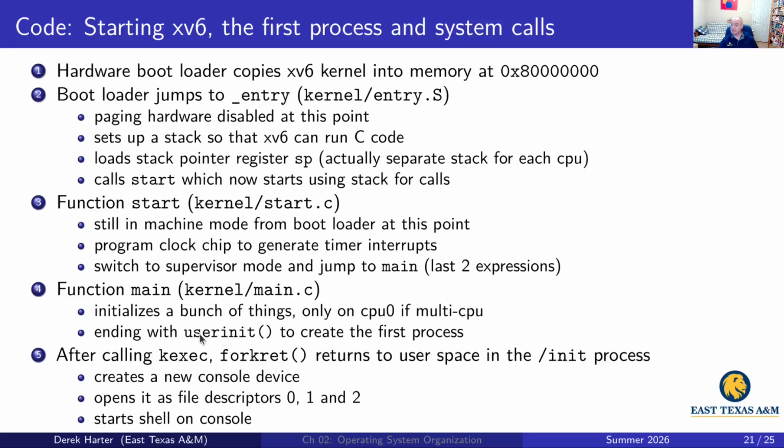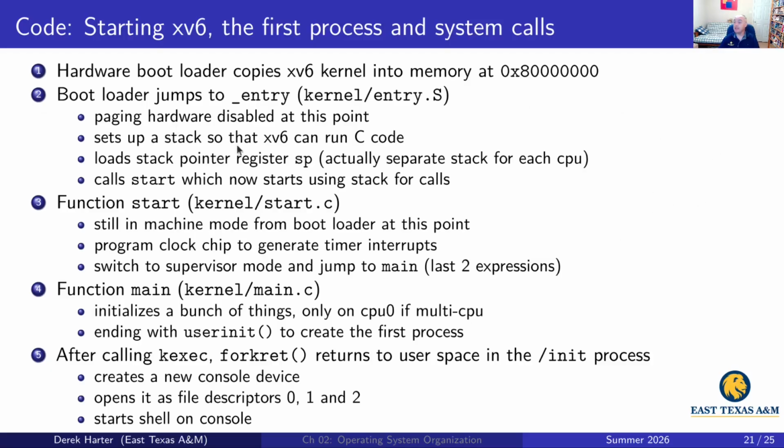As the textbook mentions, the reason it places it here instead of address 0 is that the I/O device mapping for the RISC-V architecture is mapped to the addresses 0 up to 7FFFFFFF. So that's reserved for hardware I/O mapping.